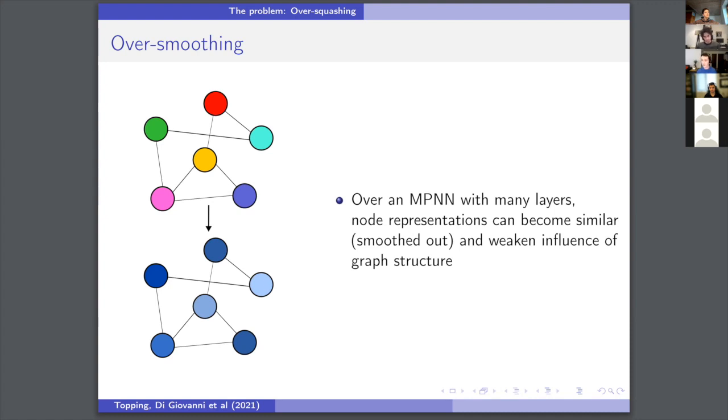And this will be the case for every node as it has diameter 2. And even though they're weighted differently, you now actually have a representation as a function of the entire graph. And because of the way MPNNs and GCNs work, you can see that their representations of the nodes can become more uniform or smoothed out, and it weakens this influence of graph structure and can harm performance.